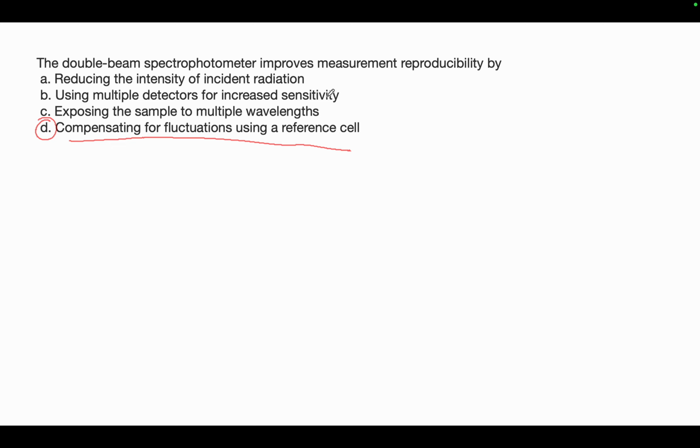Reducing the intensity of the incident light, no. The intensity is reduced by a neutral density filter. Using multiple detectors for increased sensitivity, no. Exposing the sample to multiple wavelengths, no. So the correct answer is D.